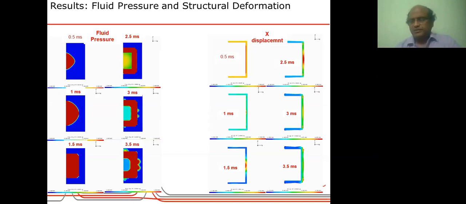So we need a flow solver which can capture these unsteady variations in very small time scales. Normally we use what are called density-based methods, explicit solvers, for the flow solver. The structural deformation may be a bit slower than the fluid flow wave propagation, so you may be able to use larger time steps for the structural deformation compared to the flow time steps.